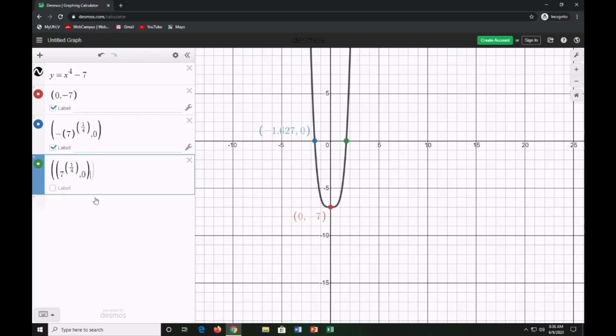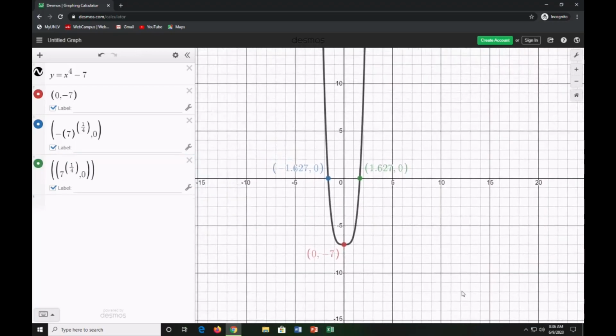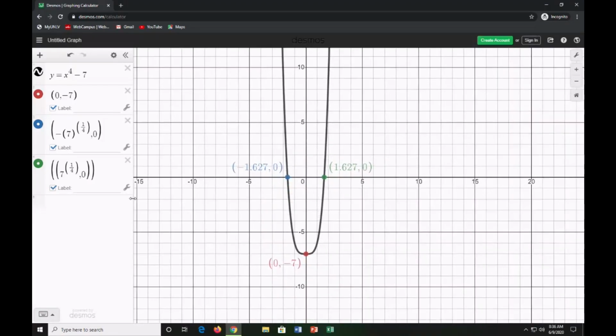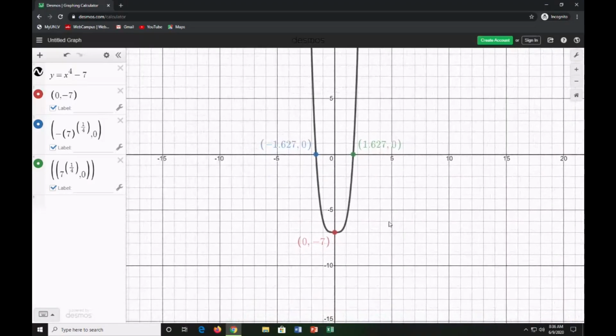So the blue and green dots show the intercept. So minus 1.6 and positive 1.6 comma 0 there. Okay. All right. So let's go back to the dot camera.